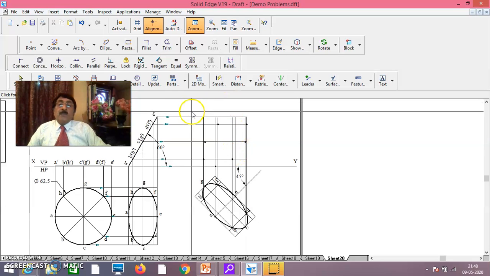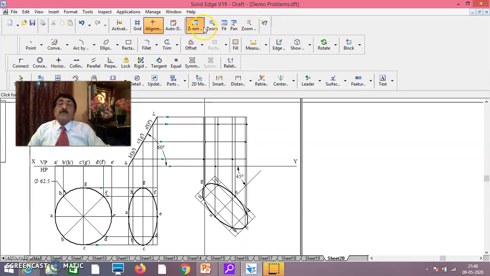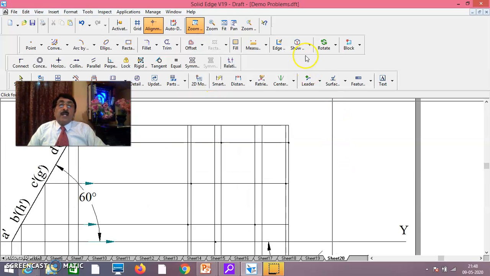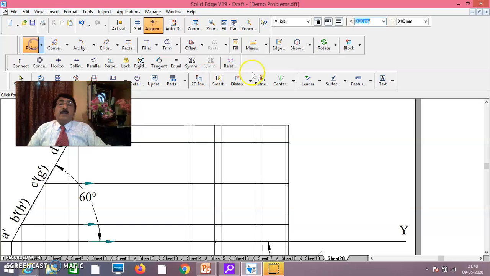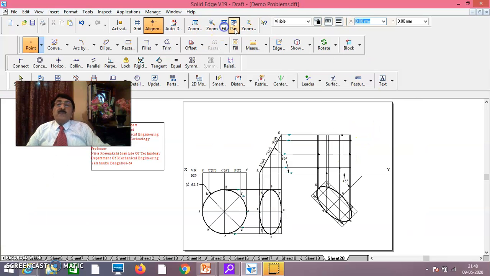In that way, we'll zoom the area, take the point and take it to 2 mm, and it is on the third line. You take this. Once you do this, you fit the thing. Now I have all the points here.